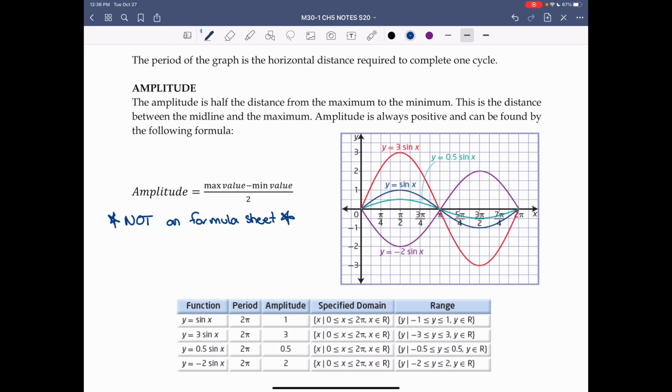So you either need to memorize this formula or just know that amplitude is the distance between the midline and the maximum, or the midline and the minimum. And amplitude is always positive.